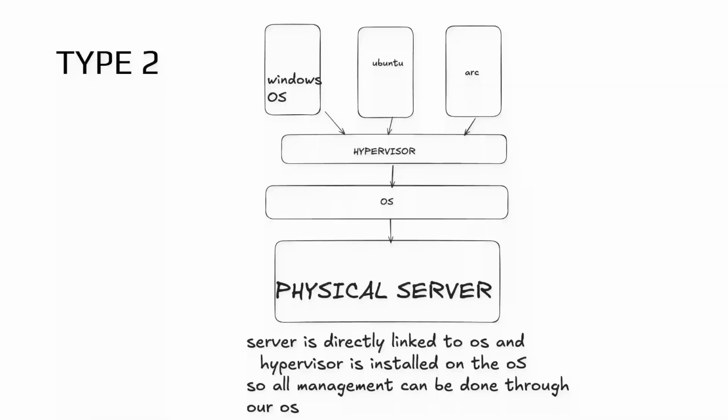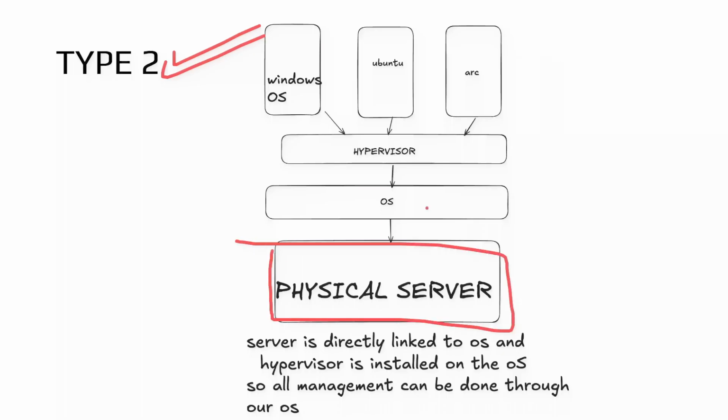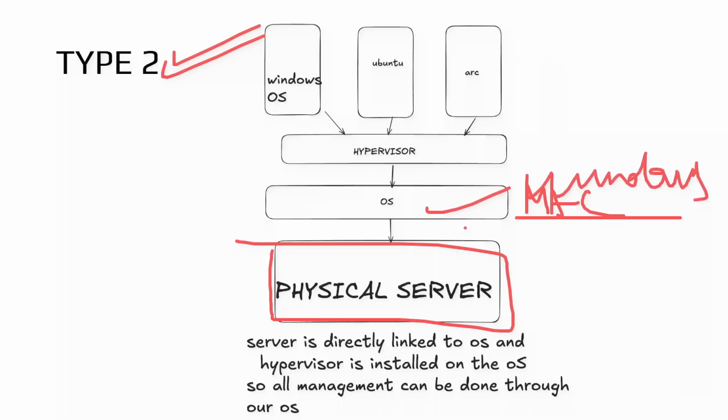There is another type called type 2 hypervisors. This is very common in our personal computers and so on. So there is this physical server and there is an OS which has been installed, like for example Mac OS or Windows installed in our laptop. Then what we can do is install a hypervisor, for example VirtualBox.